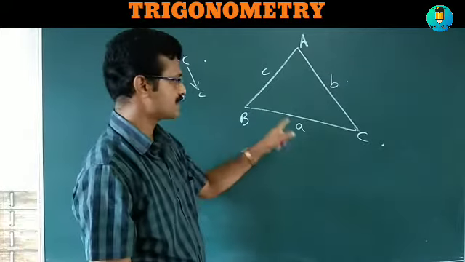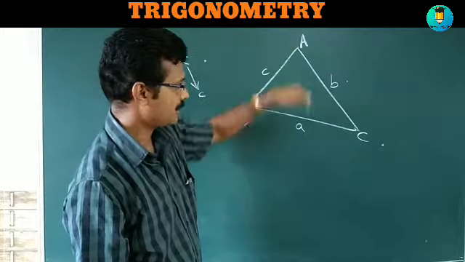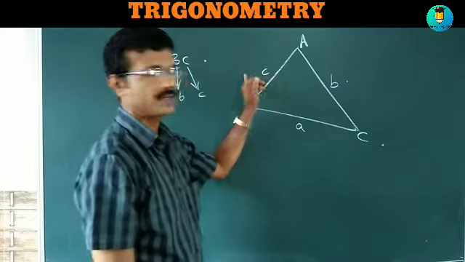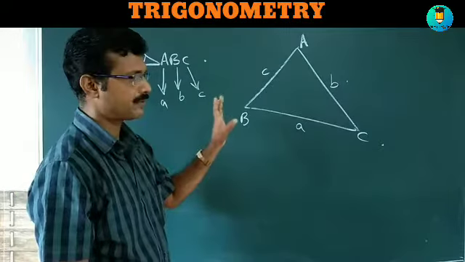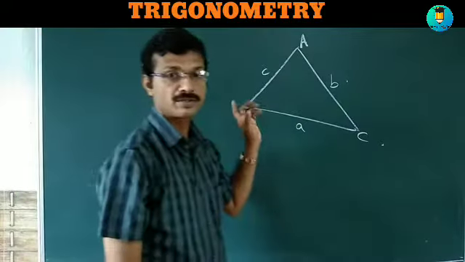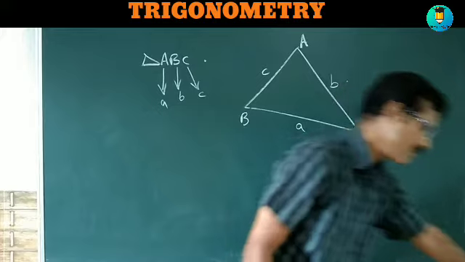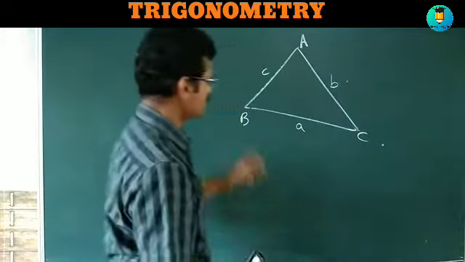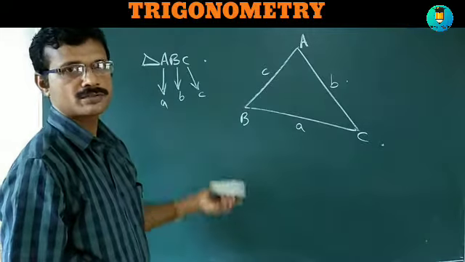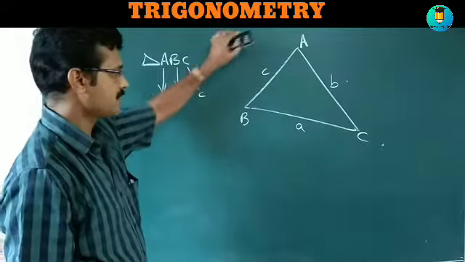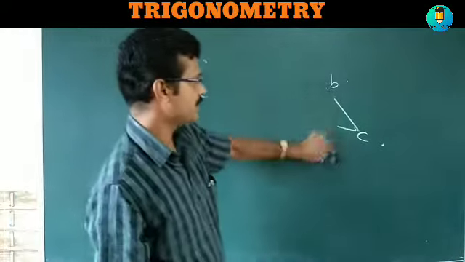This is a general convention we use in trigonometry for triangles. I said it is applicable for any triangle, even if it is a right angle triangle, also the same way. So for all triangles, this notation we will use.